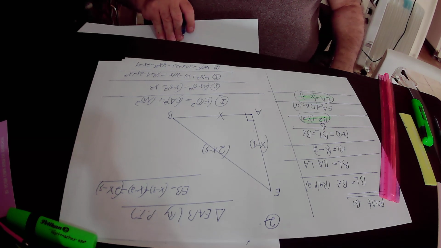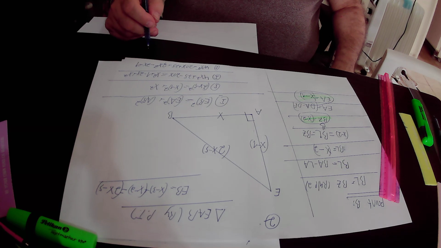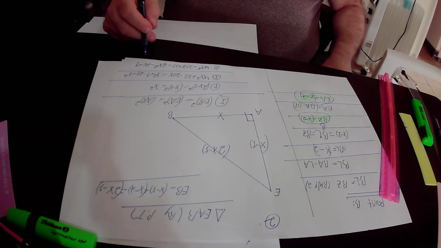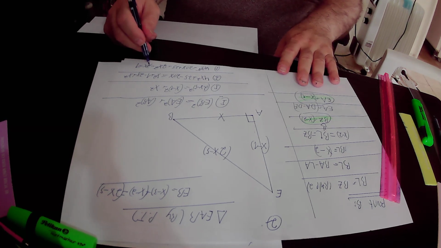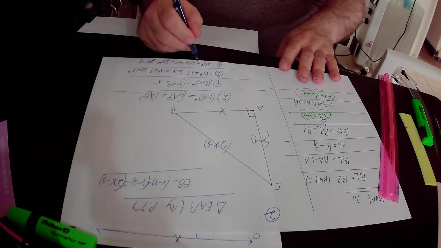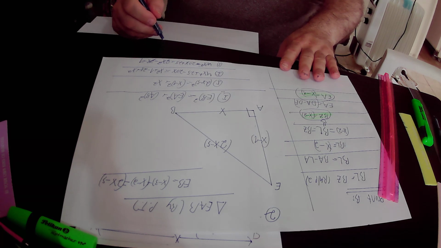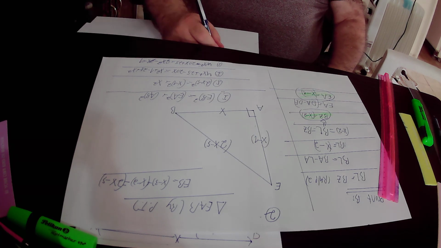We'll also add 2x to this equation number 1. 2x minus 2x is 0. Minus 20x plus 2x is minus 18x.